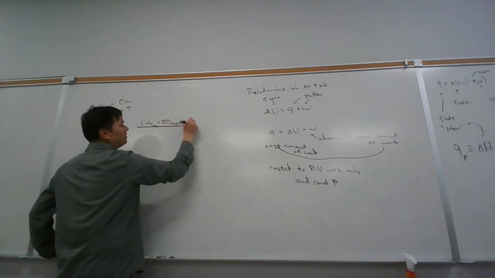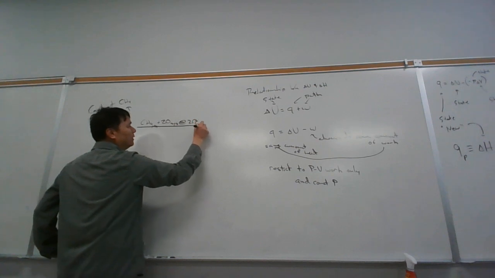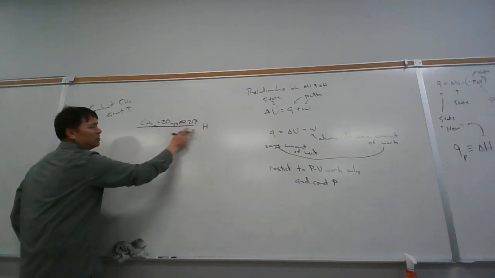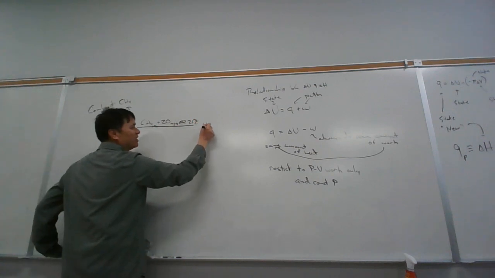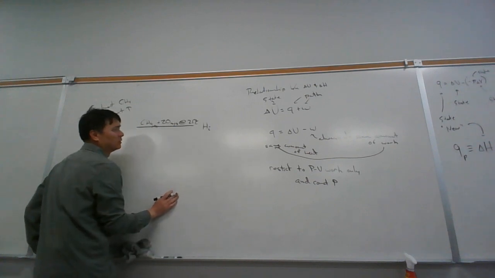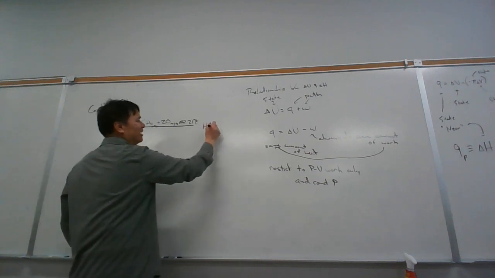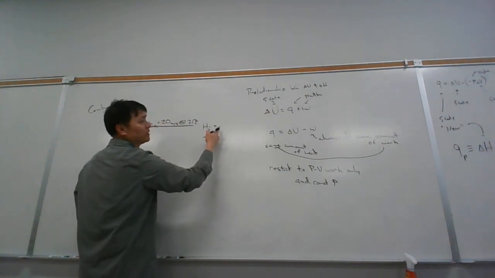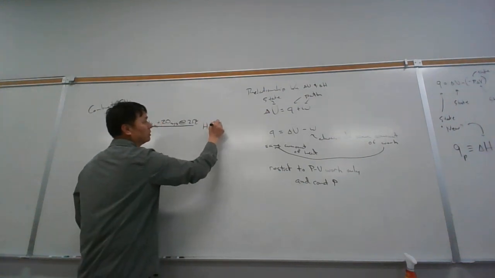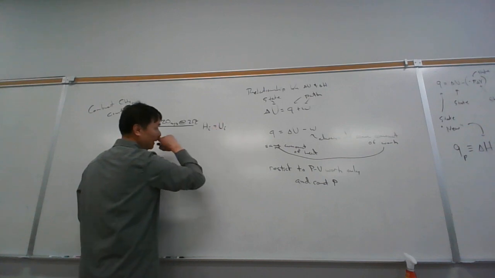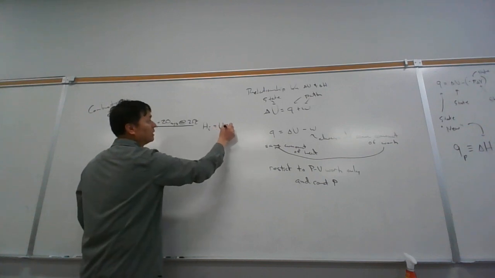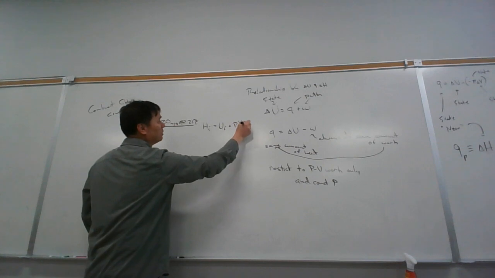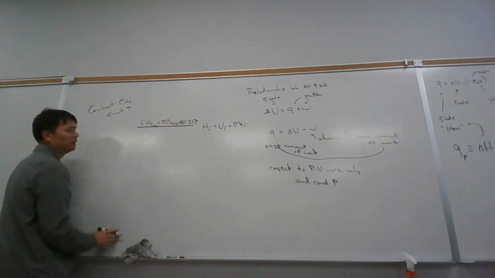This is at 25 degrees C. And then rather than having the initial internal energy, I'm going to have the initial enthalpy like this. The initial enthalpy is equal to U initial plus PV initial. That's my initial.